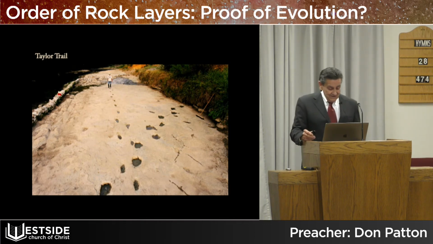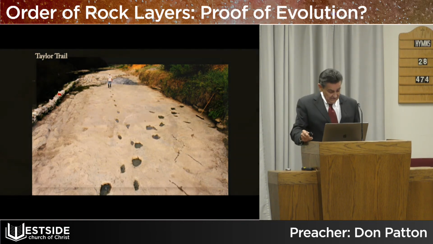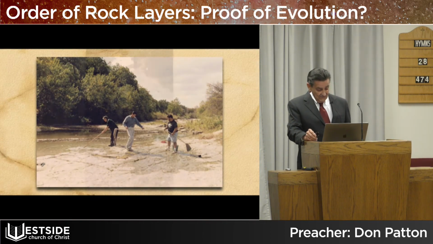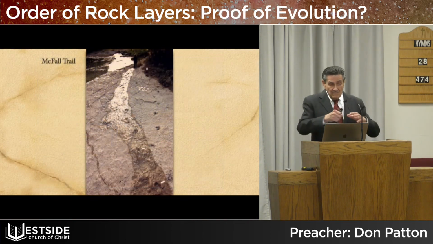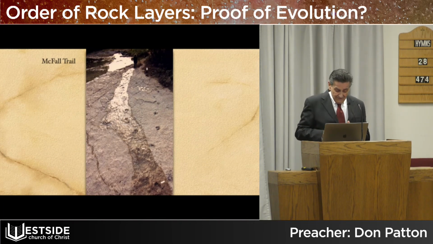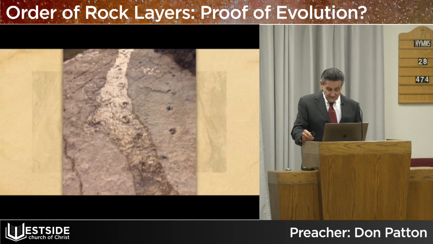So we continued to excavate just above where the fellow's standing at the end of the trail, the next platform, and sure enough, found another trail, about 94 dinosaur tracks on that platform, but right through the middle of it, this time a trail of 15 human tracks.